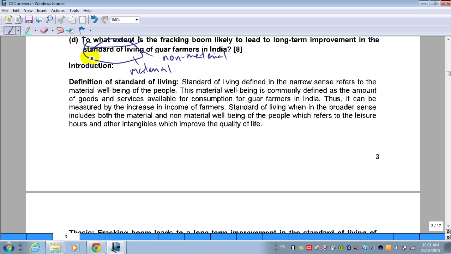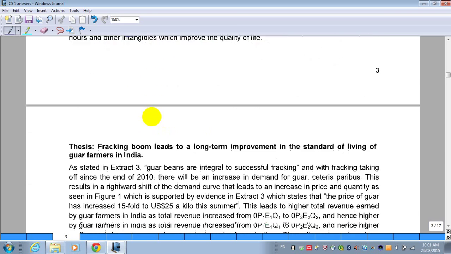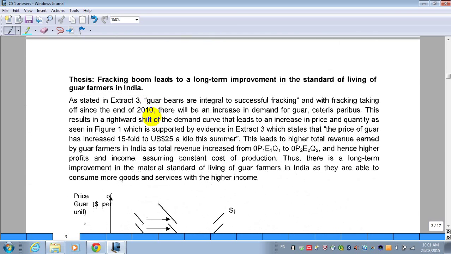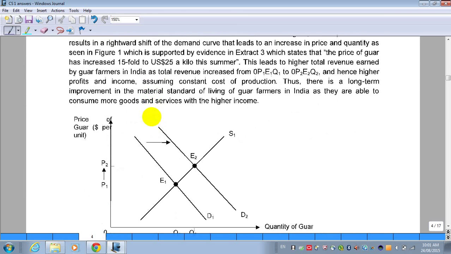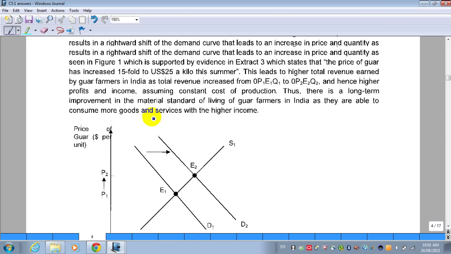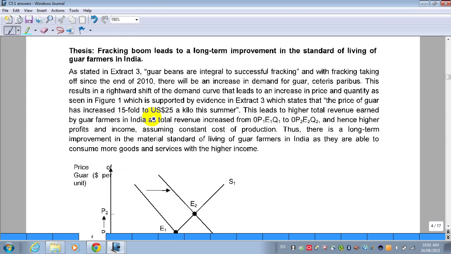I would definitely bring in some kind of framework for my overall essay, which talks about the material and the non-material aspect of standard of living. And then I'll go on to talk about it, right? I would say that it definitely leads to an improvement in standard of living, okay?